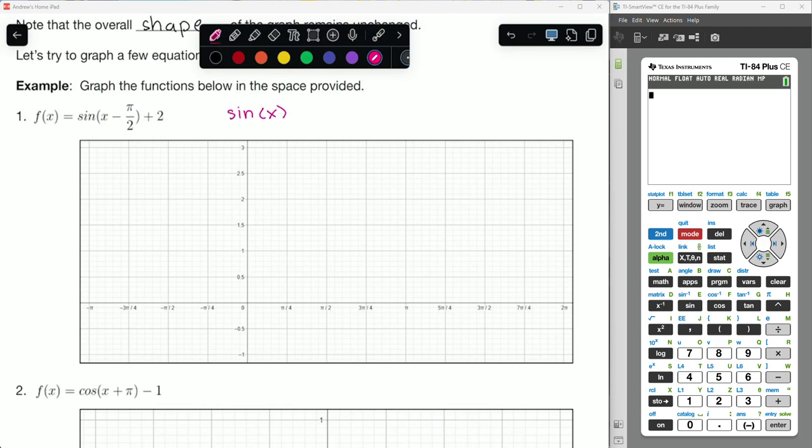So I know sine starts at 0, and then it goes to 0.7 something, and then it goes to 1, and then 0.7 something, and then back to 0, and then it does the same pattern in the negative direction. And so we see our nice pretty sine curve here.